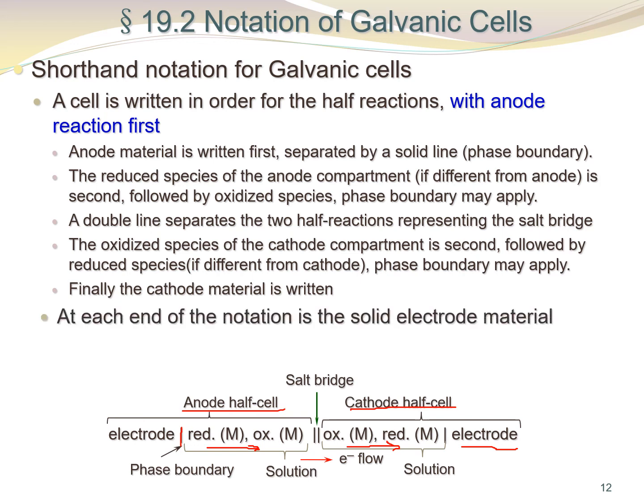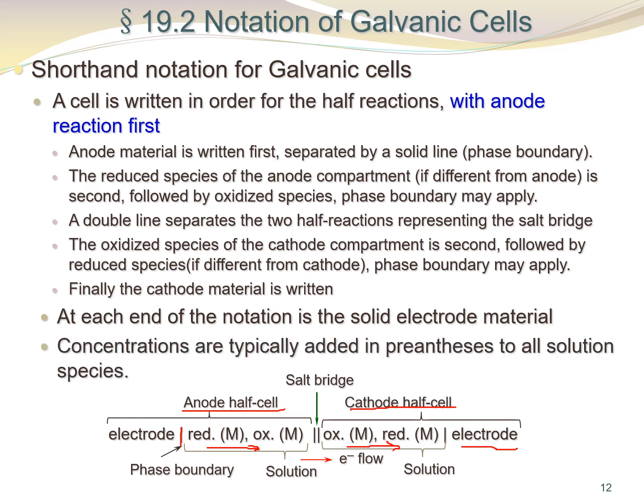So from this shorthand notation, we realize we have electrodes sealing up everything. In other words, at each end, we have a solid electrode material. Concentrations are typically added in parentheses to all solution species.